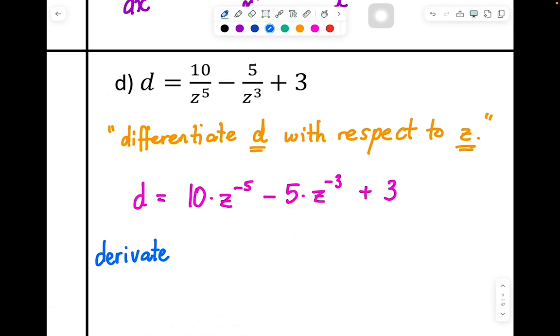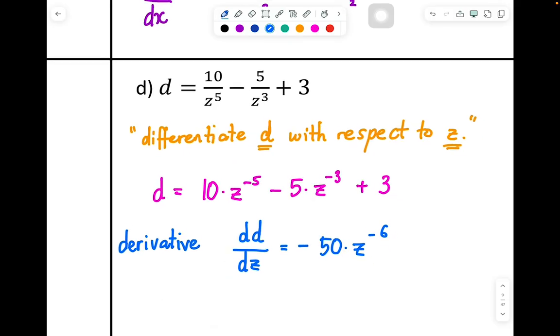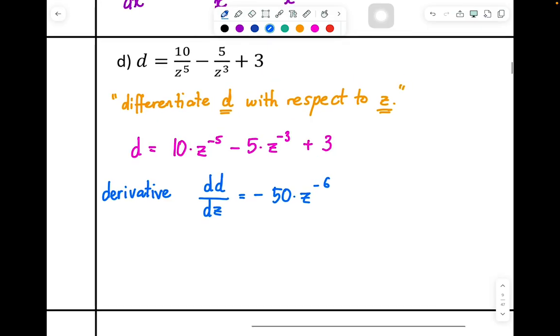Once we've done that, then we can find dd/dz. Take the power, multiply it at the front, and subtract the power by 1. Just going to zoom a bit. -5 times -3 becomes positive 15.